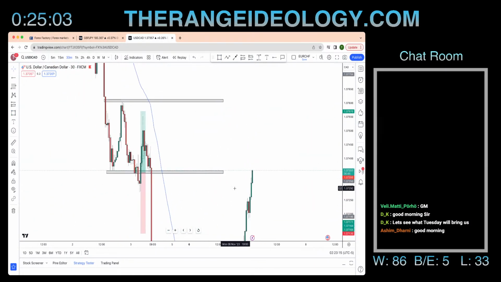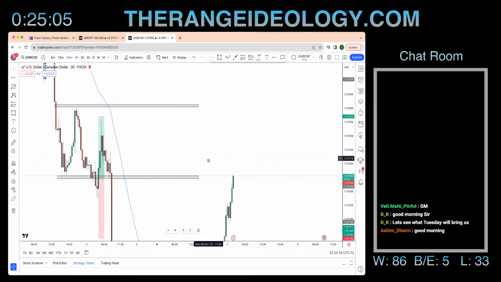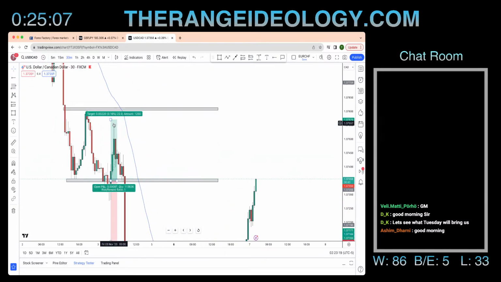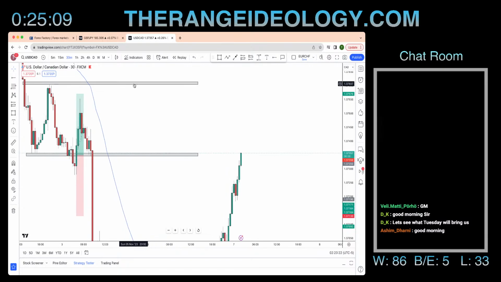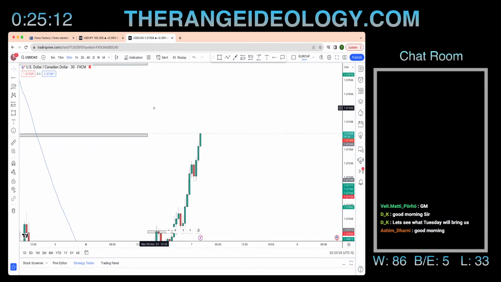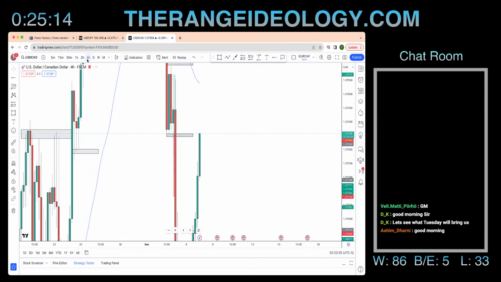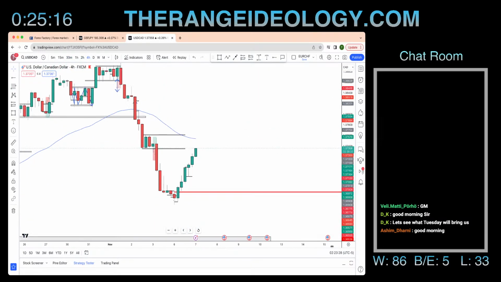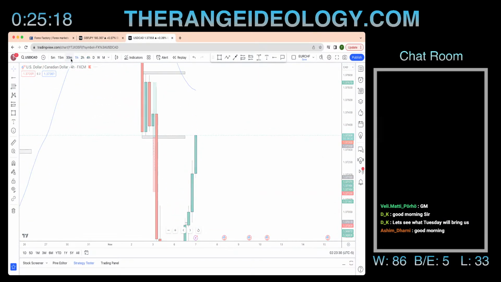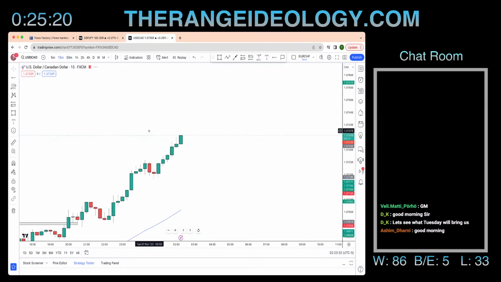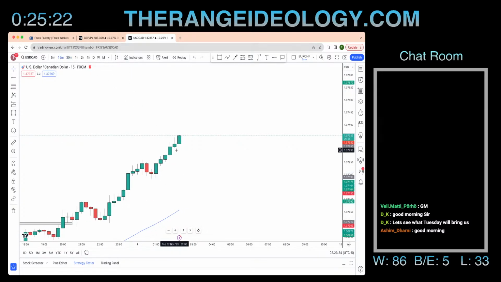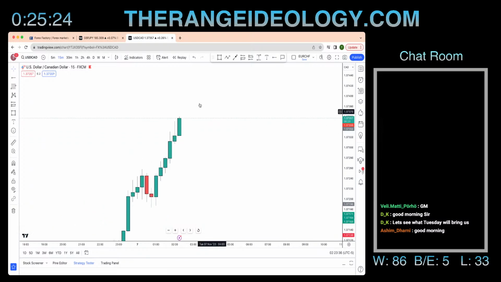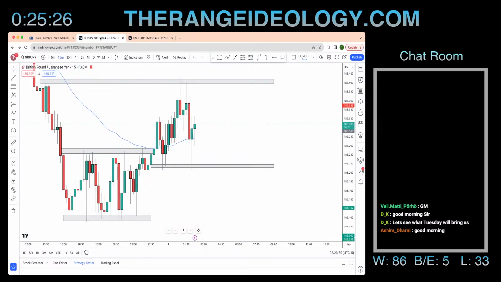It did come all the way back up here, of what we had traded yesterday. But nothing of significant value for me to see that is fulfilling a range right here. So again, I'm going to just keep an eye on it, but it's not showing much consistency here for a probable range trade setup.